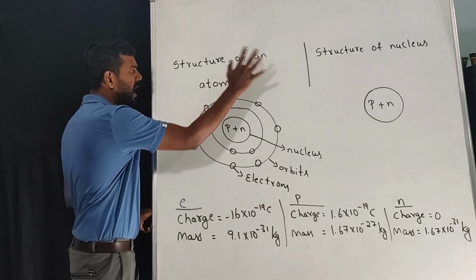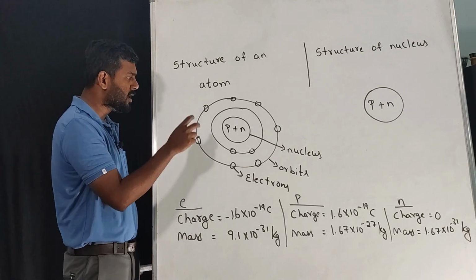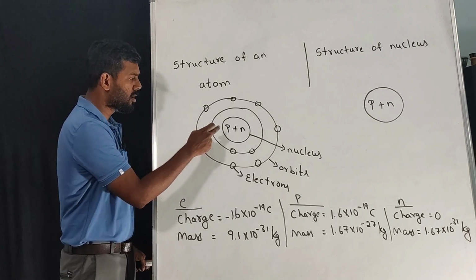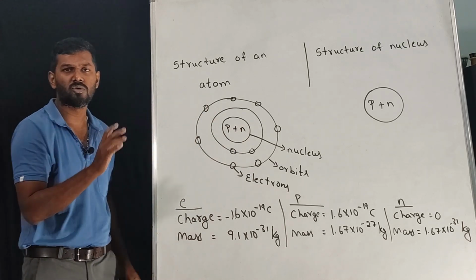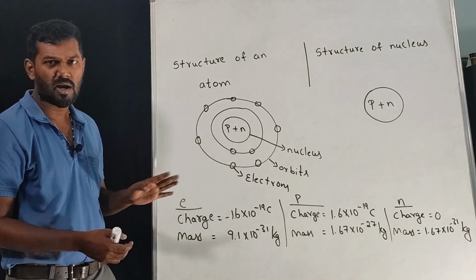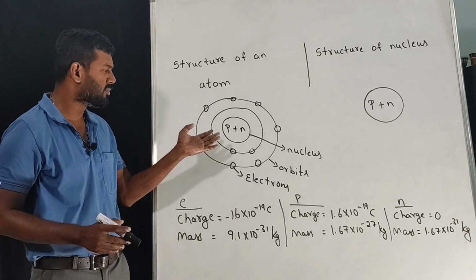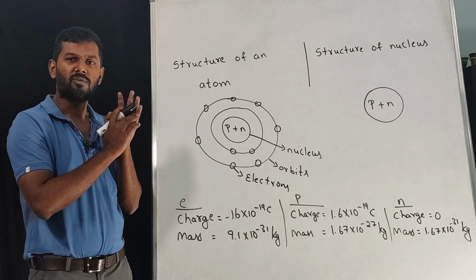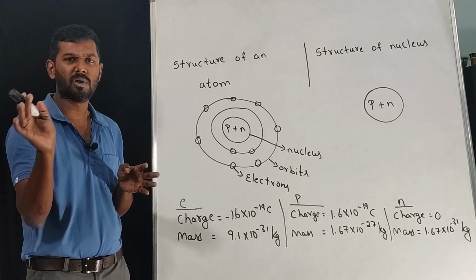Listen, structure of an atom. When it comes to atom, keep this in mind: three things we are going to talk about, protons, neutrons and electrons. They are never going to ask you to draw the structure of an atom, because in physics you cannot expect very simple diagrams. Whatever questions they ask, maximum are give reason questions and a few simple numericals.